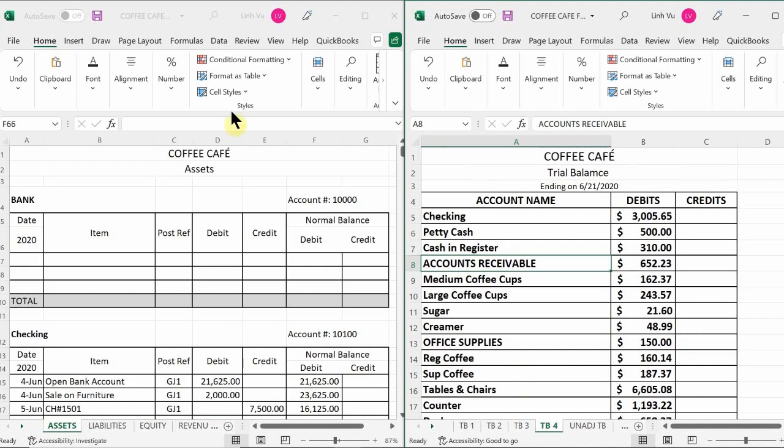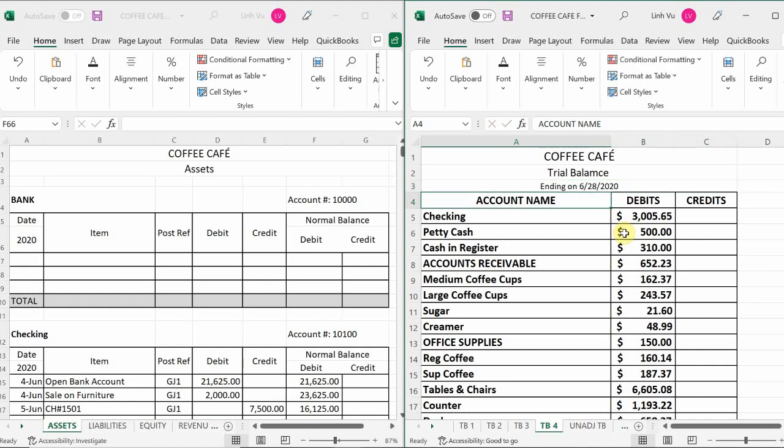I'm just going to make minor changes because we're working on the trial balance for week 4 now. I'm going to change the date so I don't get confused. We're doing the 28th, 6/28. Okay, there you go.